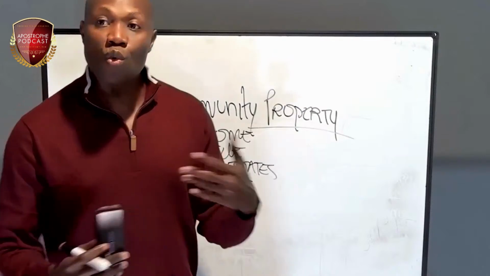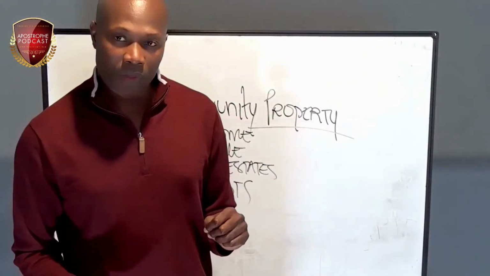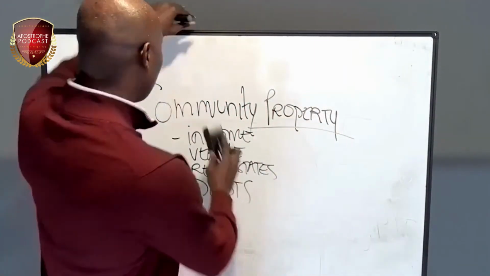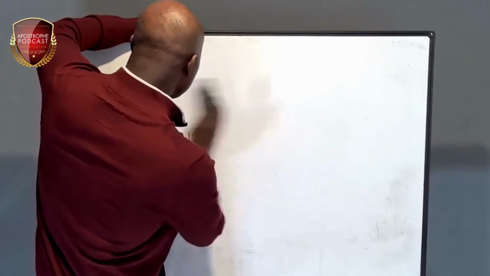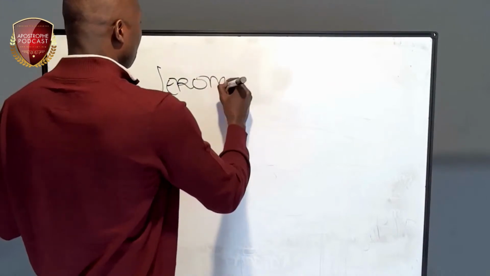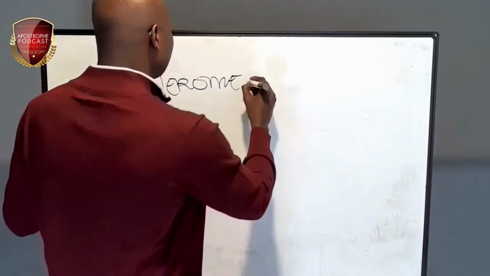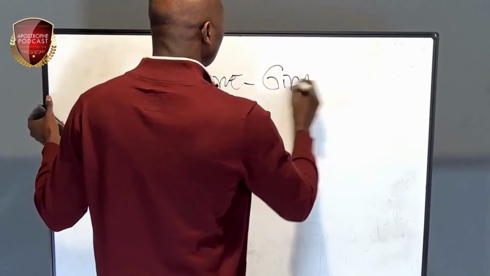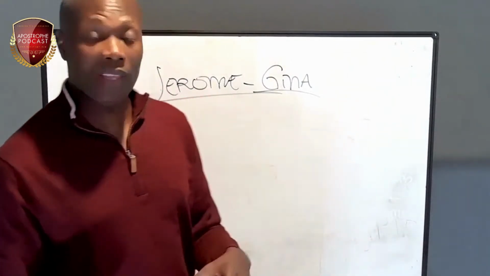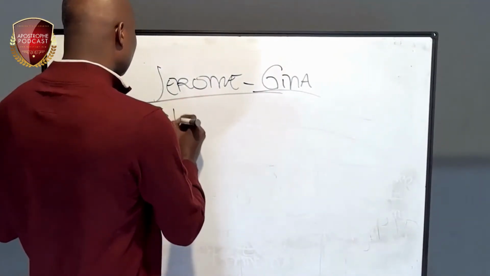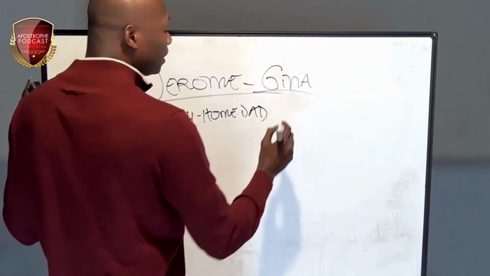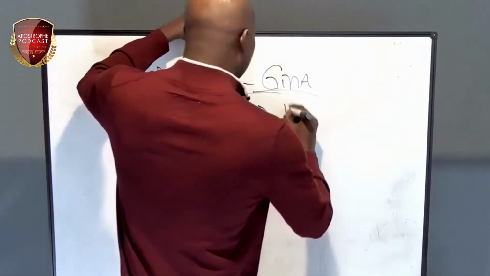There is a little nuance I want to share with you. I will take two names in the chat room. We're gonna use Jerome and Gina. They are a couple, they have been married for 10 years now. Since the day they got married, Jerome is a stay-home dad, and Gina, we can call her the breadwinner.